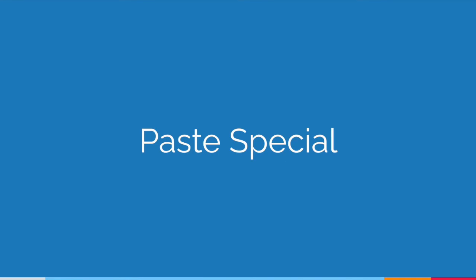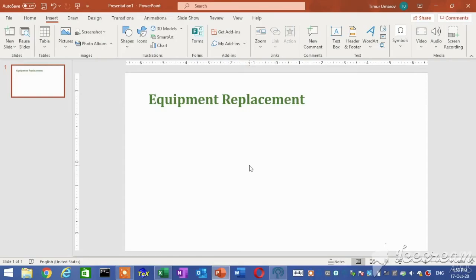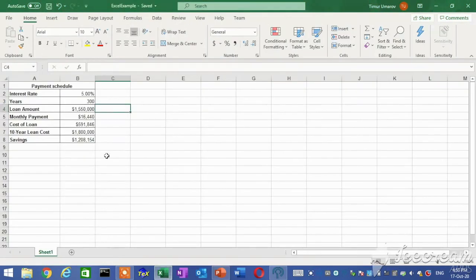Paste Special. In order to be able to resize the table, we use Paste Special. So there is a way to work around this problem. If you want to link your content and want to see only what you're interested in, open up your Excel file, highlight just the area that you want, and copy it.